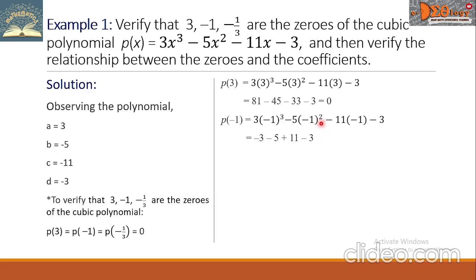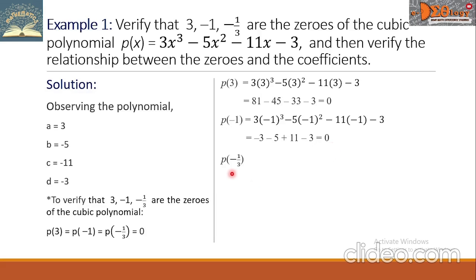Then the square of -1 is +1 times the -5. We have this -5 here. Then -1 times -11, we have +11. Then we attach the -3 constant. When we simplify this, we will get 0. Thus, the p of -1 is 0.